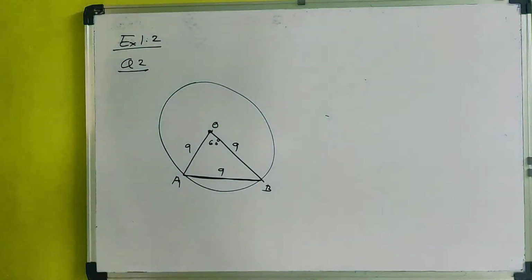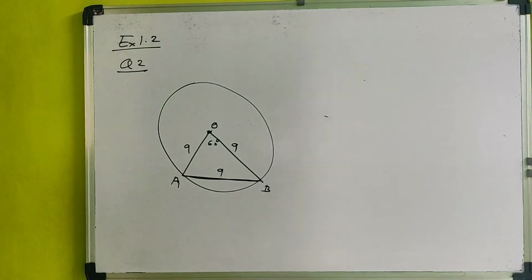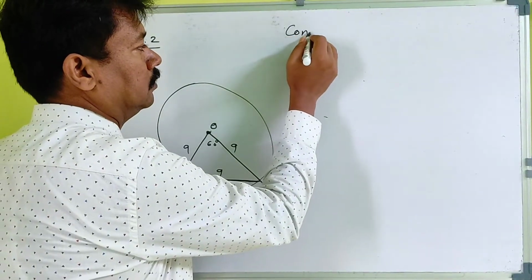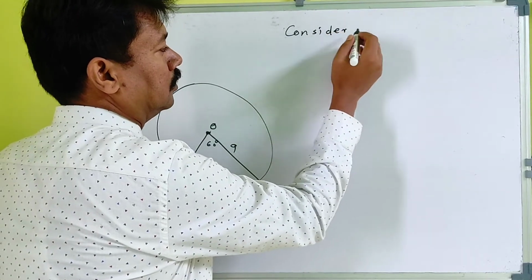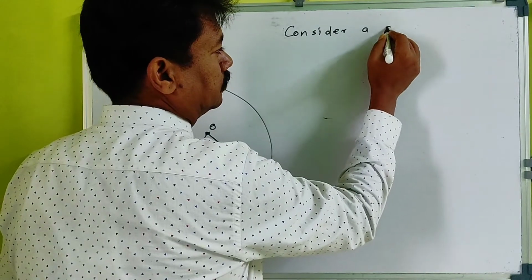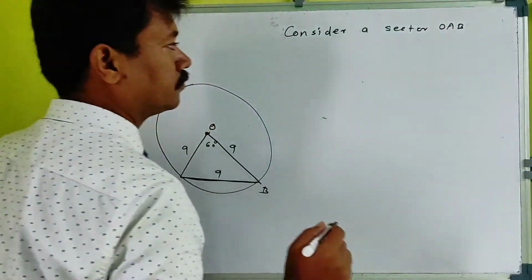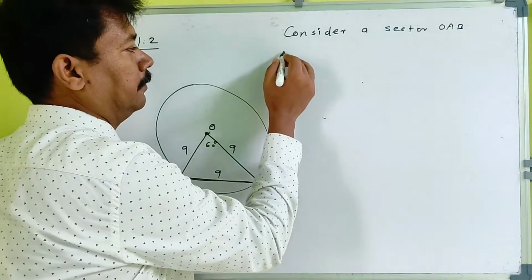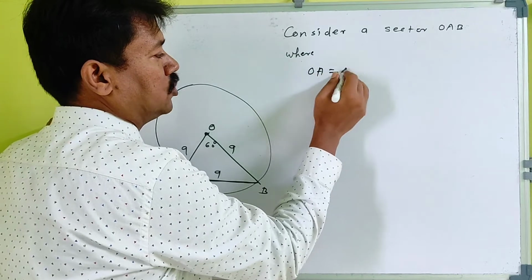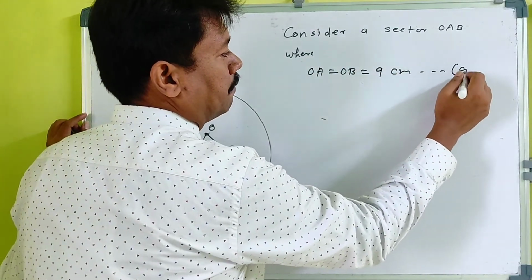Here the question is what is the length? So whatever the diagram is on the board, let us write a little about it. Consider a sector OAB where OA is equal to OB is equal to 9 centimeter. That is given.